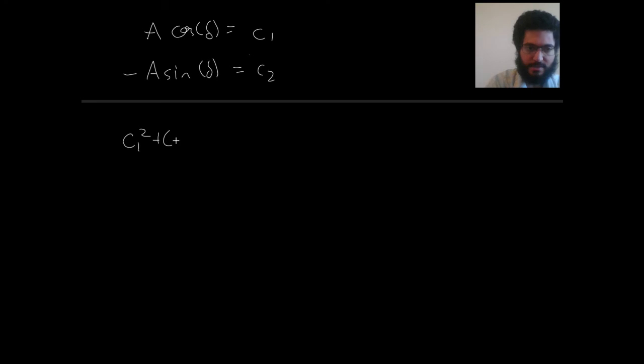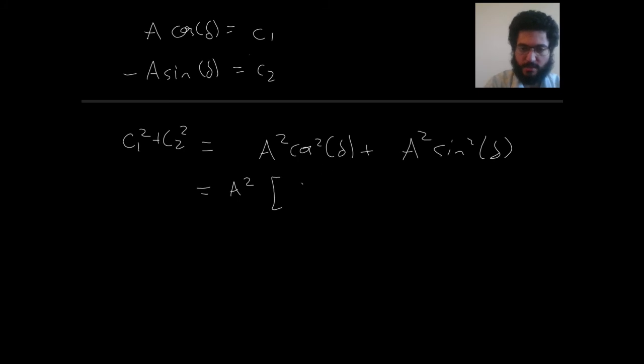So C1 squared plus C2 squared is the right side of this squared plus the right side of this squared. So that should equal a squared cosine squared delta plus negative a squared, which is a squared, sine squared delta. So that's a squared times cosine squared delta plus sine squared delta, which is a squared.